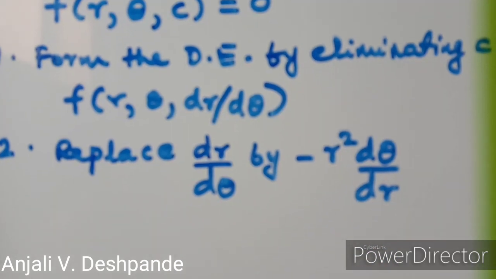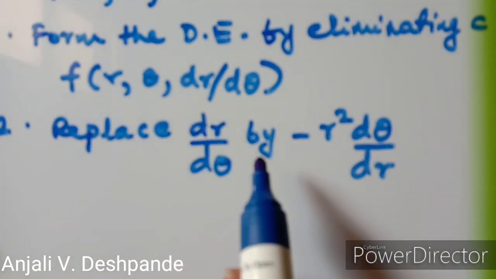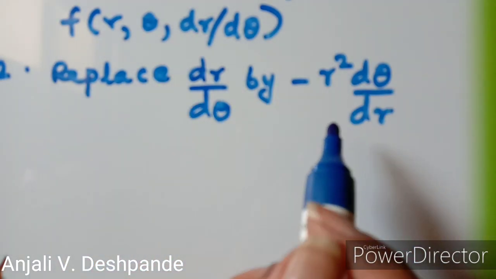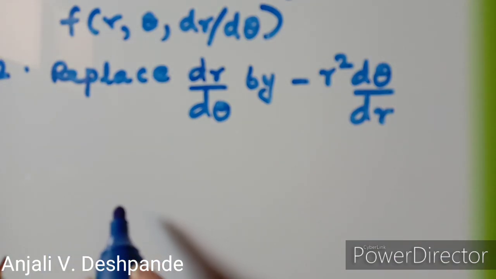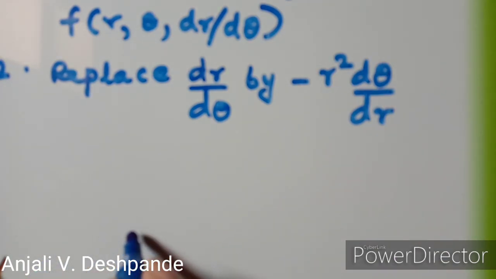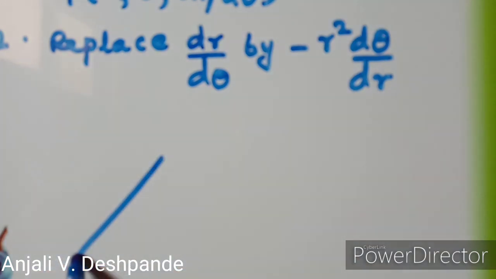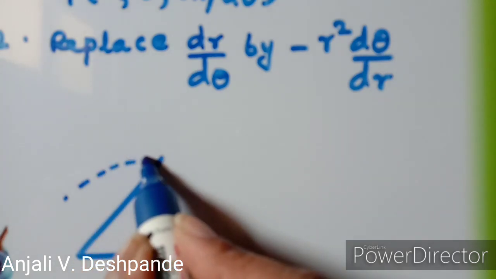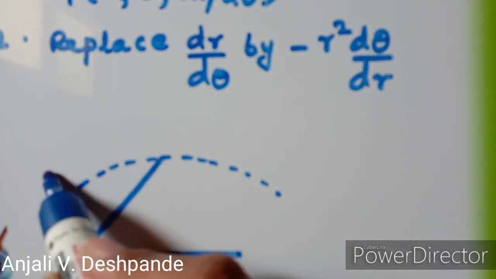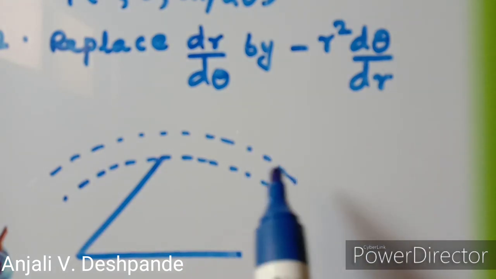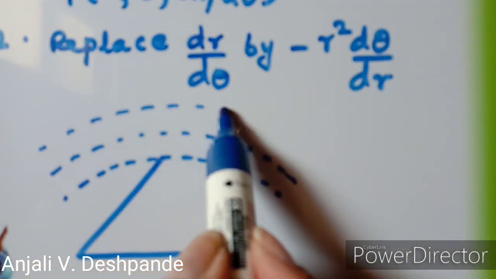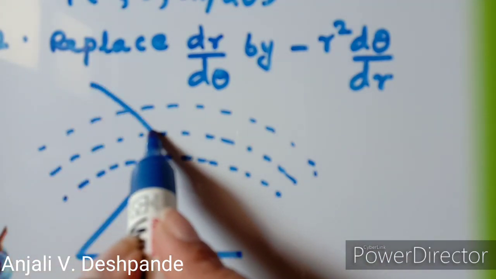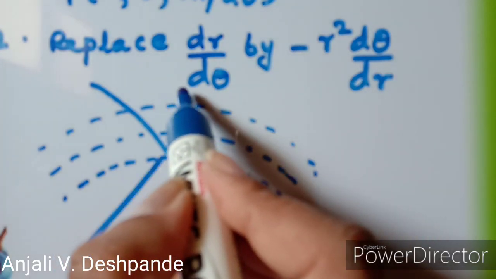So why are we doing this particular replacement? That means, why are we replacing dr by d theta by minus r square d theta by dr? Over here, let me just draw one diagram. This is one family of curves, and the other family of curves, let's say, is given this way.